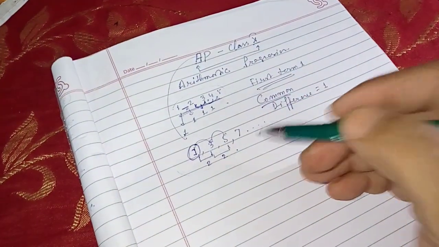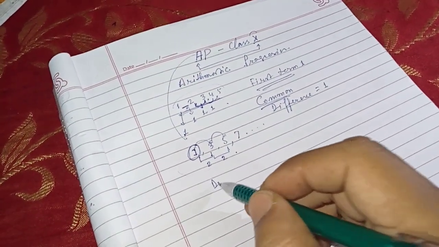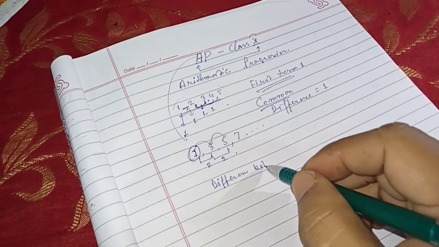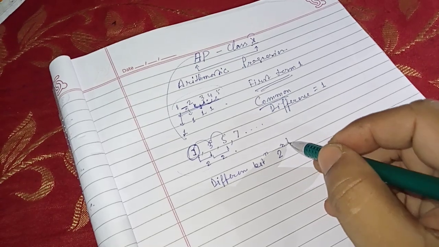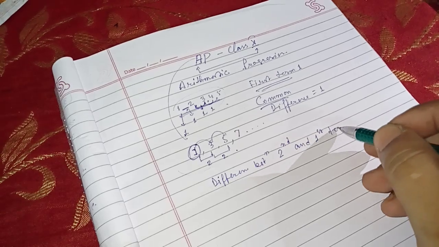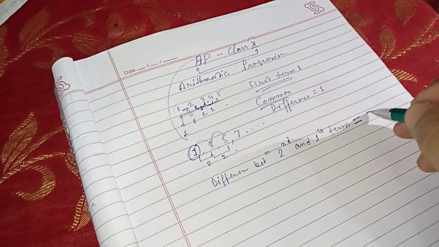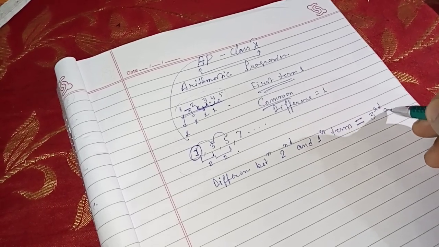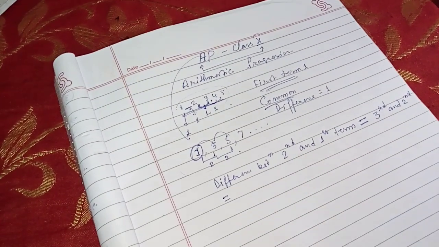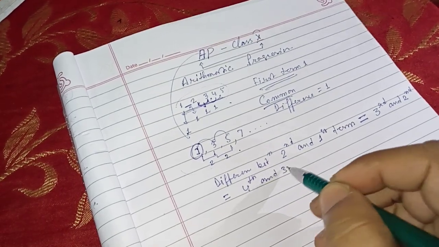So it is in AP because the common difference between the second term and first term is always equal to the difference between the third term and second term, and so on. It is equal to the difference between the fourth term and third term. Am I clear to you?